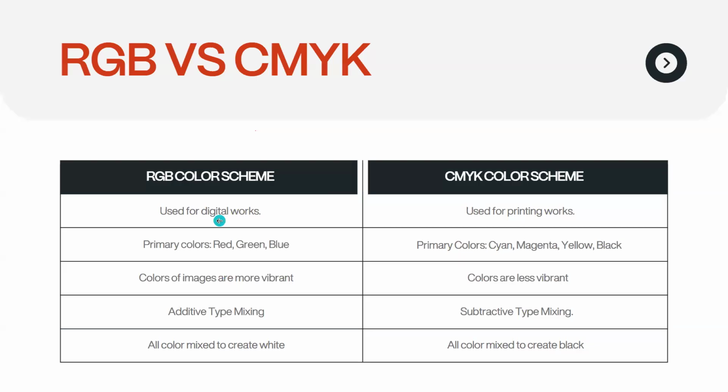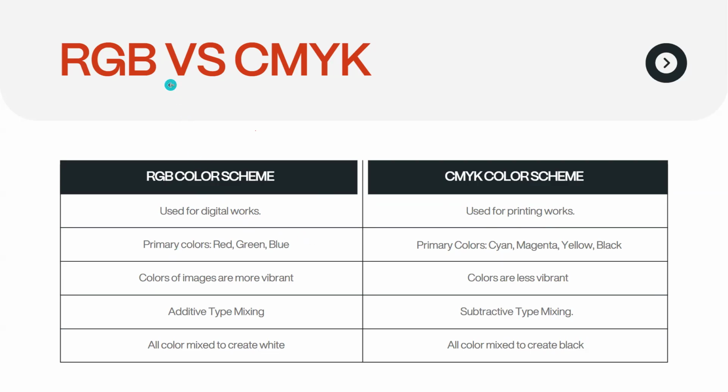The main difference when you look at a design is that colors in RGB look more vibrant and shiny, and the colors are less vibrant in CMYK. Prints, which use CMYK colors, are much less shiny compared to RGB colors.